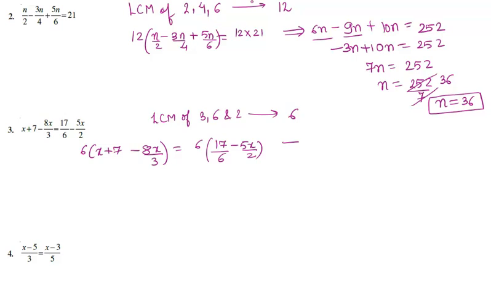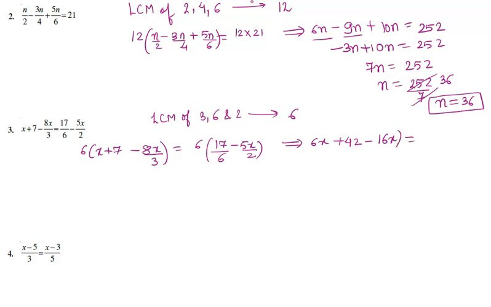So 6 times of x would be 6x. Then 6 times of 7 would be 42. Then when you multiply 6 with negative 8x over 3, 3 will get cancelled away 2 times with 6 and it would become 16x.